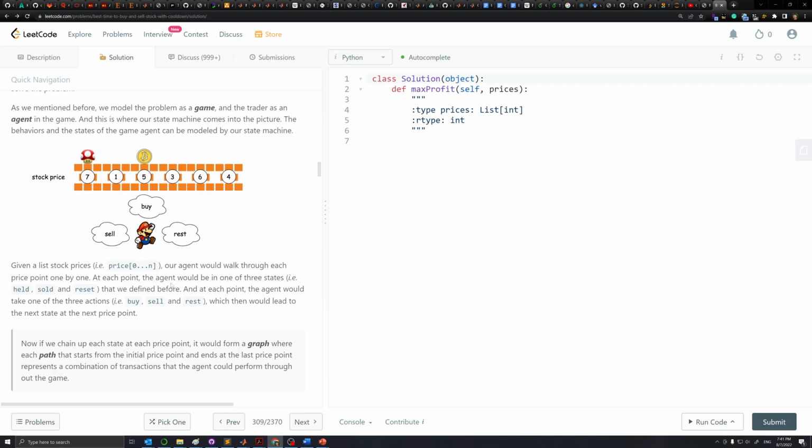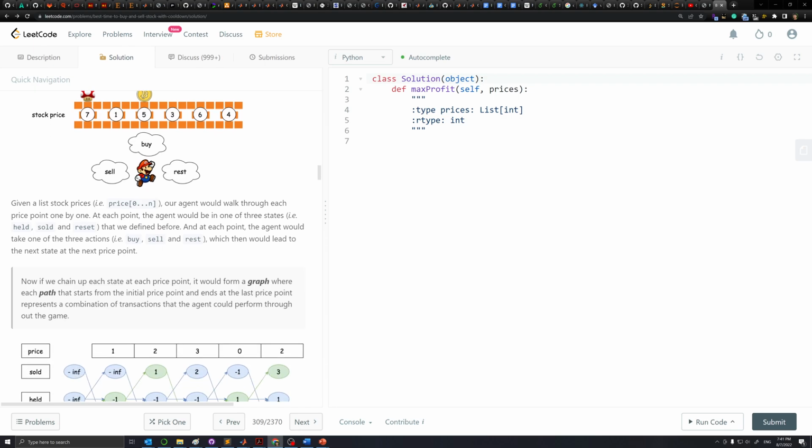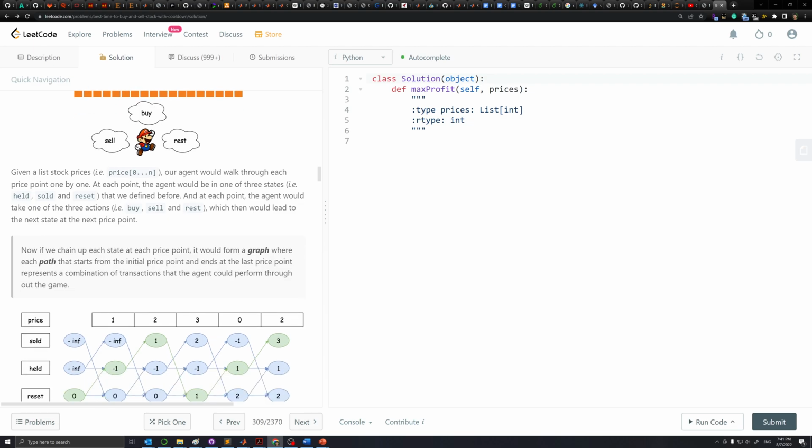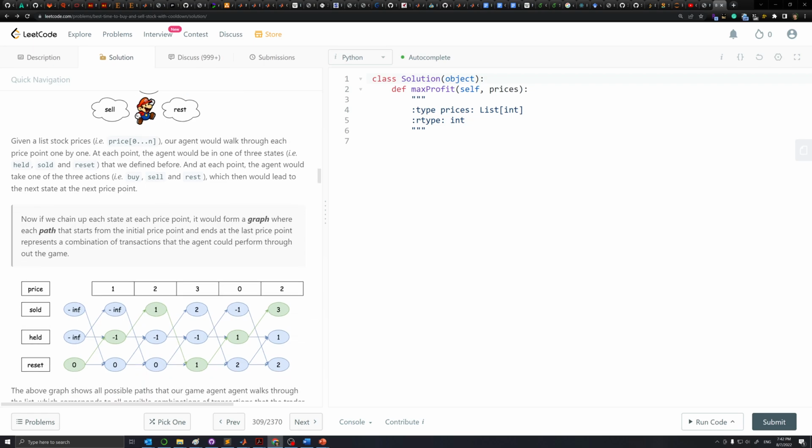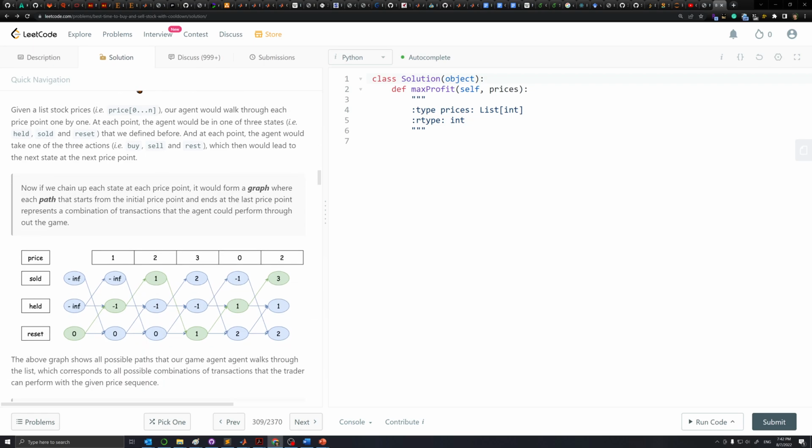At each point, the agent would be in one of three states that we defined before: held, sold, and reset. And at each point, the agent would take one of the three actions, which will lead to the next state at the next price point. Now, if we chain up each state at each price point, it would form a graph where each path that starts from the initial price point and ends at the last price point represents a combination of transactions that the agent could perform throughout the game.